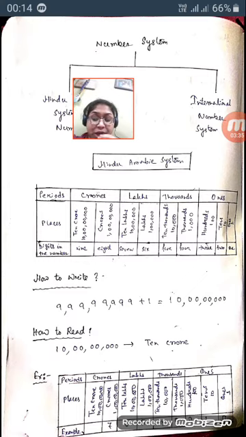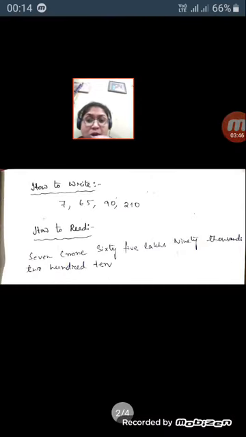Now see another example. The digits are 7, 6, 5, 9, 0, 2, 1, 0. So how will you write this number? You will write 7, comma, 65, comma, 90, comma, 210. How will you read this?